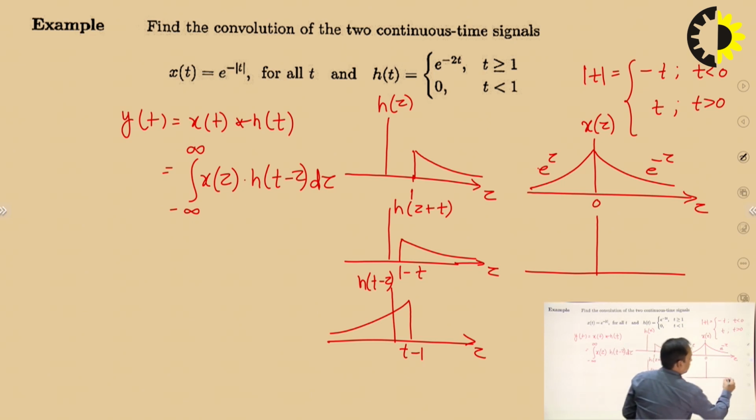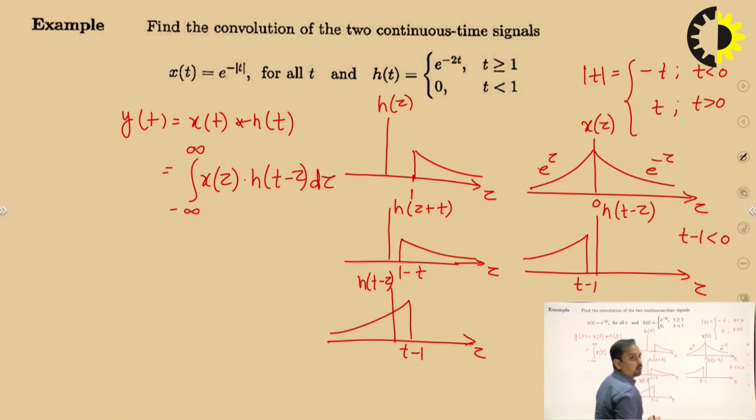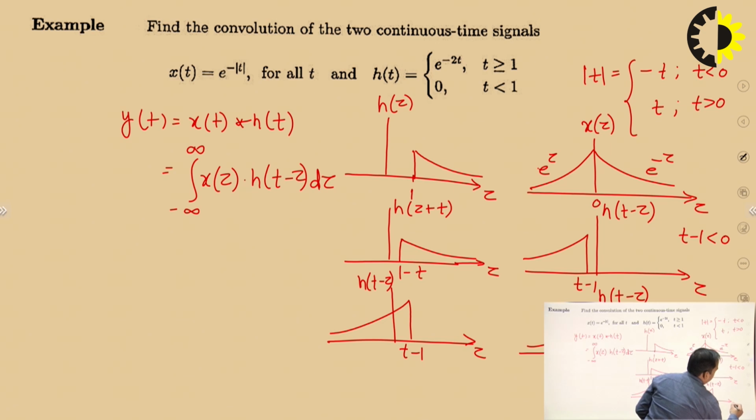If I draw with the cases, let's say, t minus 1 is less than 0, means we have a curve and this is t minus 1, h of t minus tau. This is the first case. The second case is when t minus 1, again this is h of t minus tau, and here we have tau.